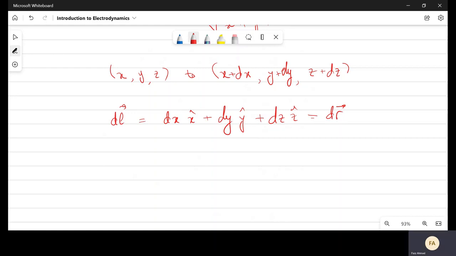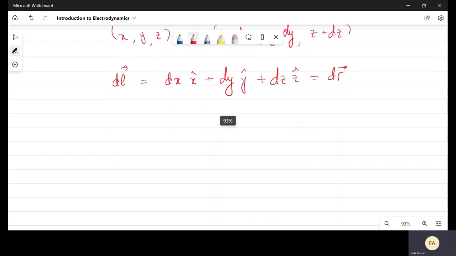But in electrodynamics, we encounter problems involving 2 points. Usually we have the origin, and a distance from the origin to the source, where there is a source located here. You can say there is a charge, a point charge or any charge, and we have a field point.